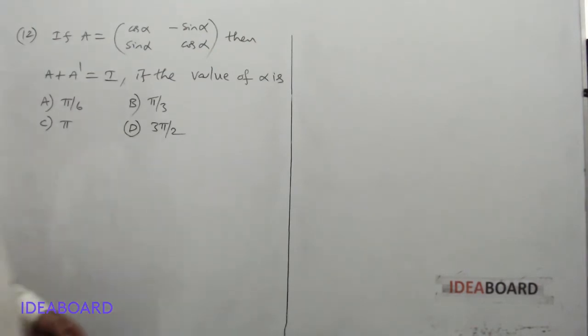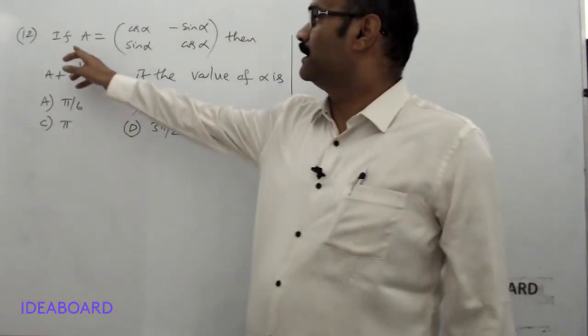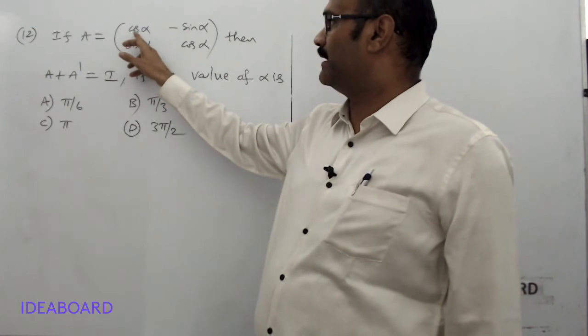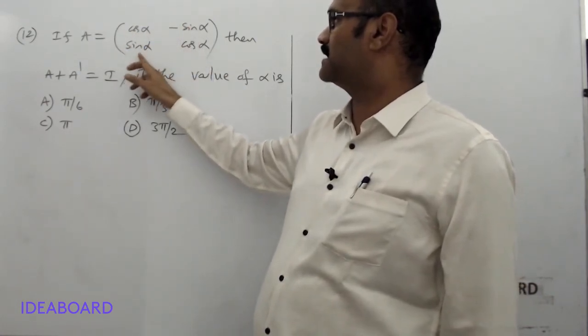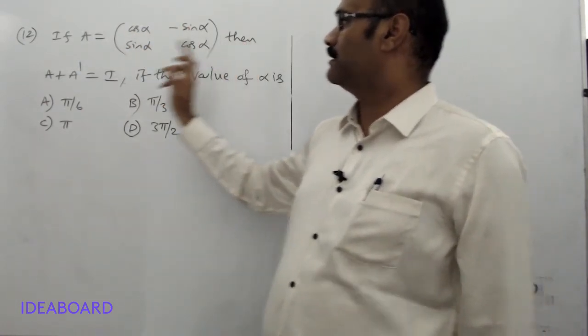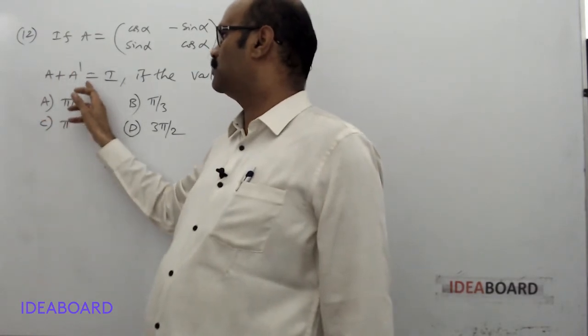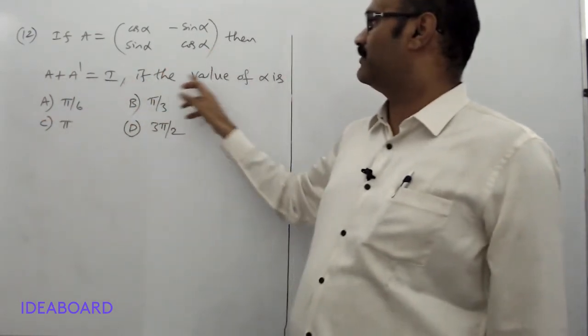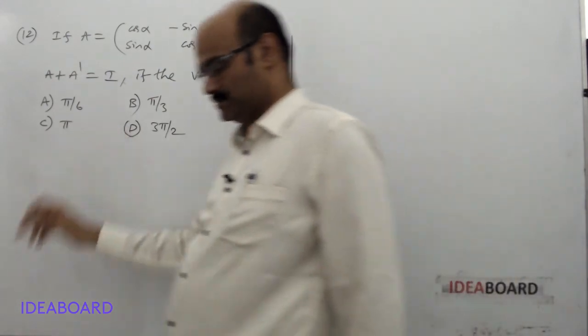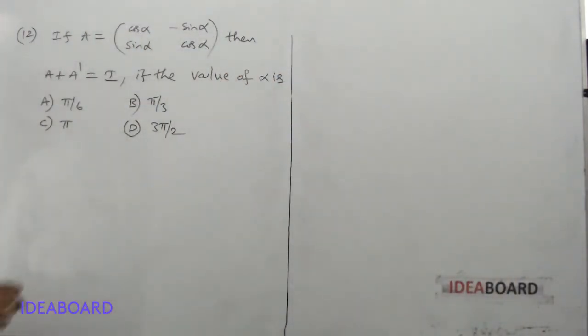If A equal to the matrix cos alpha, minus sin alpha, sin alpha, cos alpha, then A plus A transpose equal to identity matrix if the value of alpha is. Solution.